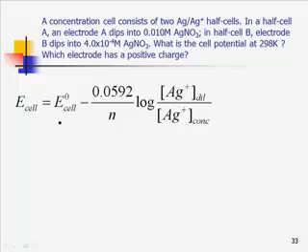If we apply this, if you remember, our dilute cell is going to be the anode. We're going to have oxidation of the dilute: Ag dilute goes to Ag+ dilute plus an electron.